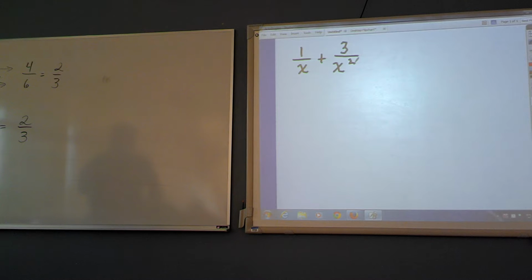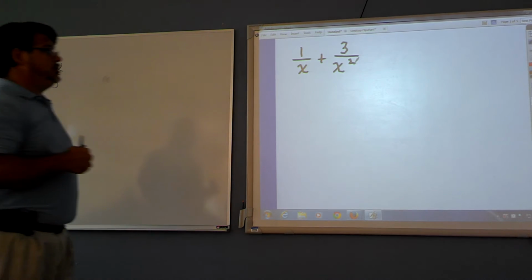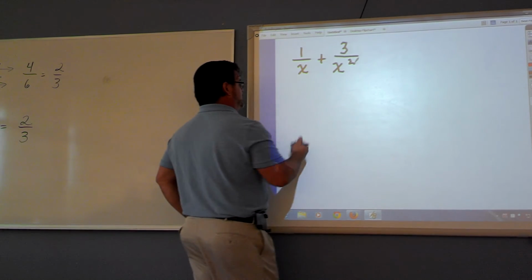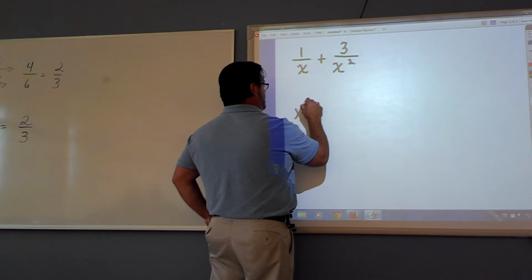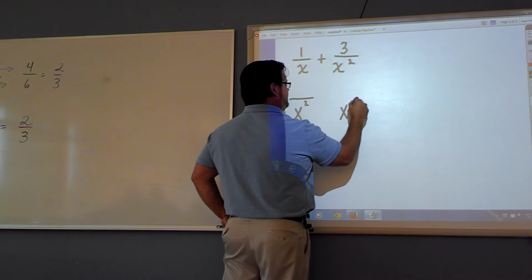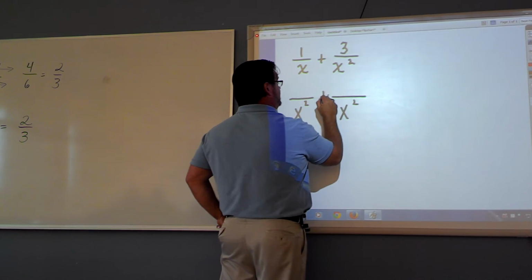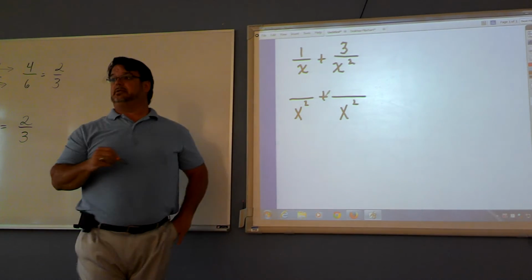Do we take the smallest one, take the biggest one, put them together, or what? We talked about this. Take the largest one. So which one's larger? X squared, so that's your common denominator. Now, what else did I tell you to do when you have a different denominator? After you find the common denominator, what do you do next?